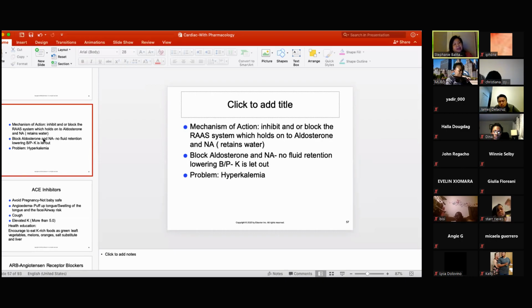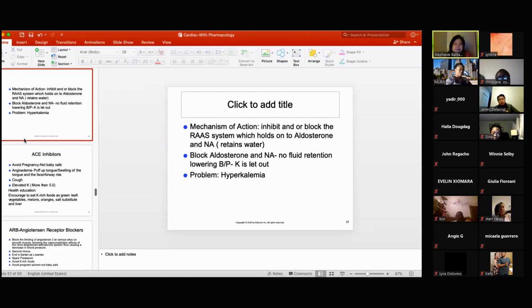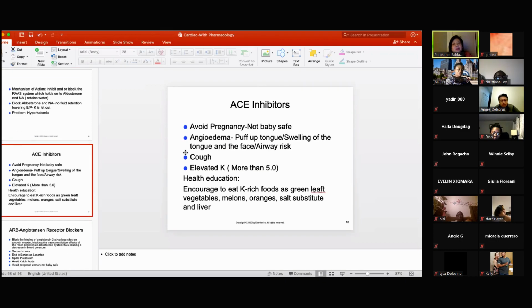So the ACE inhibitors just block it to lessen fluid retention within the body. However, they're letting your potassium loose. ACE inhibitors, prils, hyperkalemia. Okay, so what do we have to remember here? Avoid in pregnancy, not baby safe.